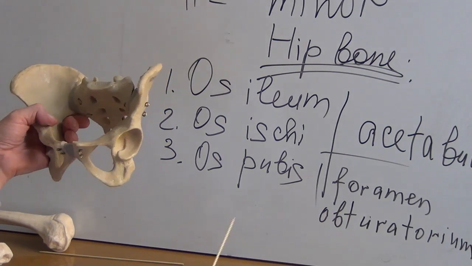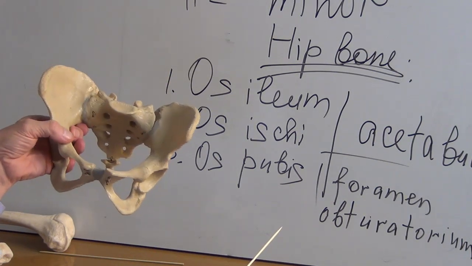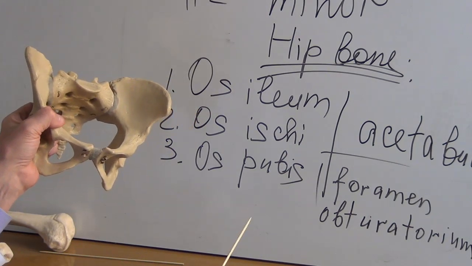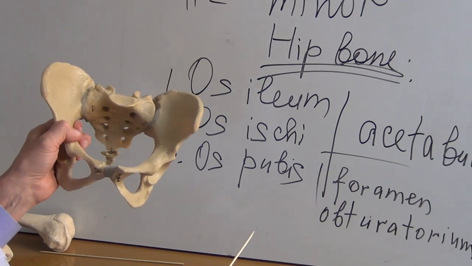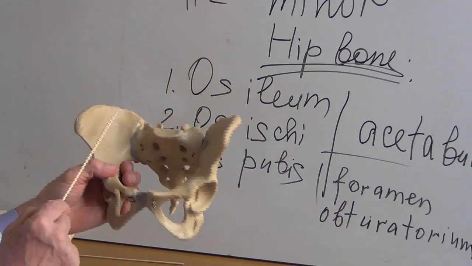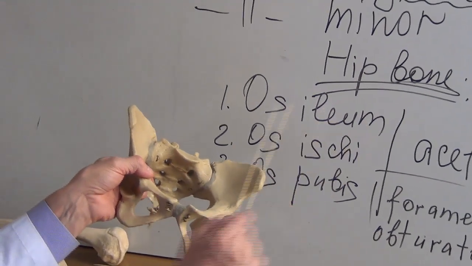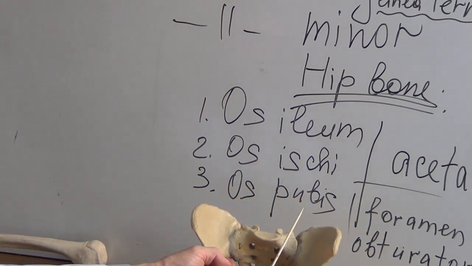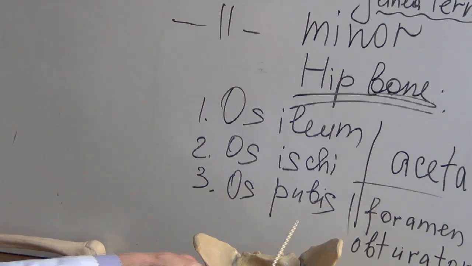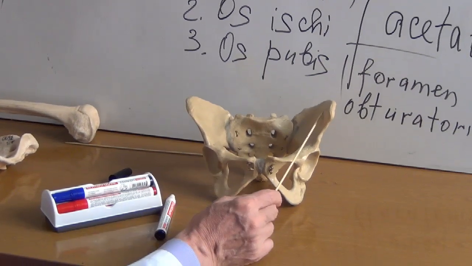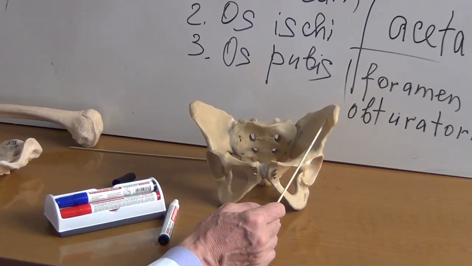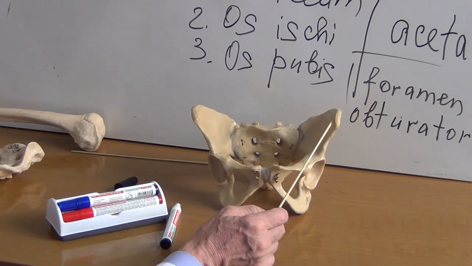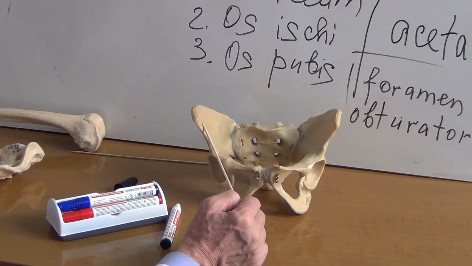And let us find several very important structures which we ought to know. First of all, this is so-named, it's ilium, so fossa iliaca. In this place, our internal organs, exactly intestine, is located.